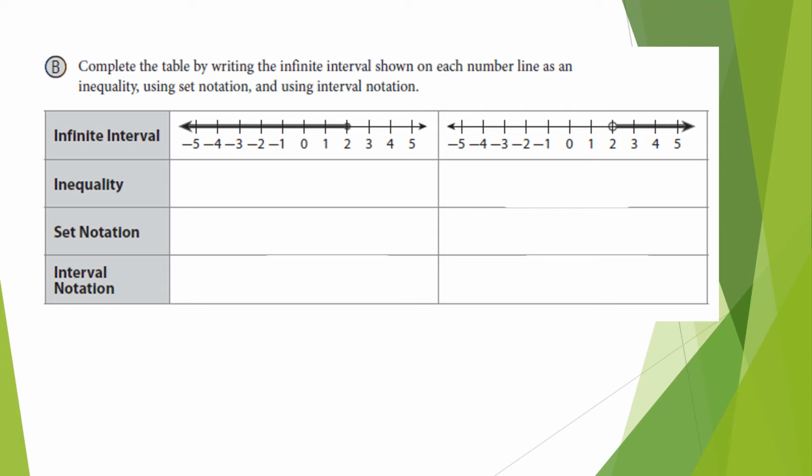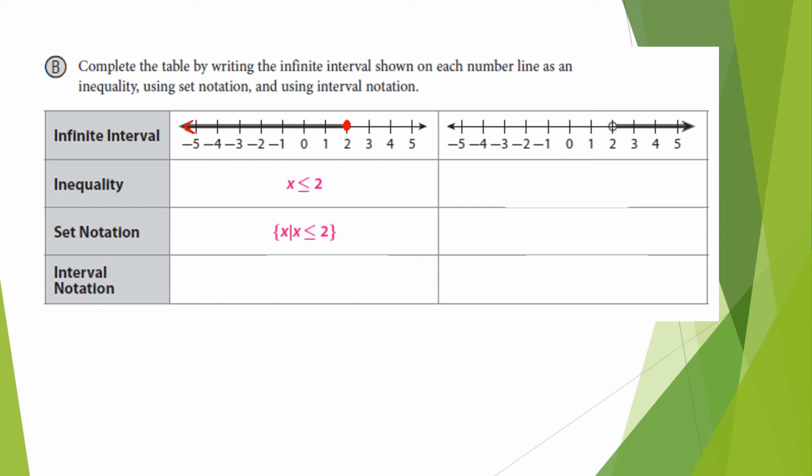Here we write the inequality. If I can see here, the 2 is closed, and the arrow is going to negative infinity. So definitely X is all that's less than 2, and 2 is included, so X is less than or equal to 2. In set notation, I write the set of X such that X less than or equal to 2, and then close the braces.